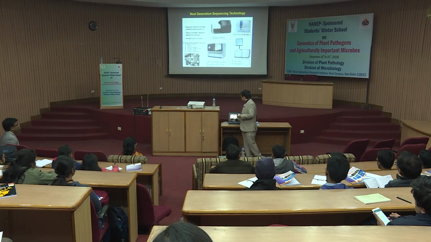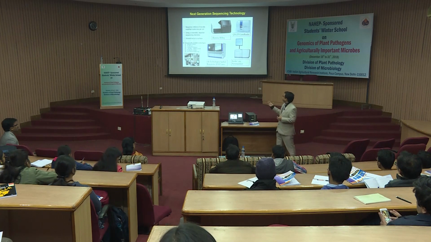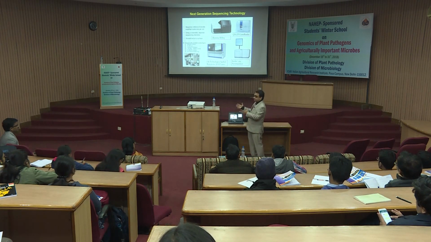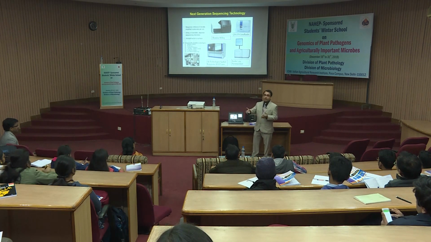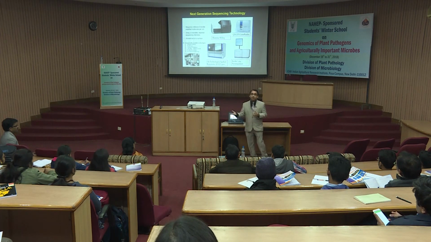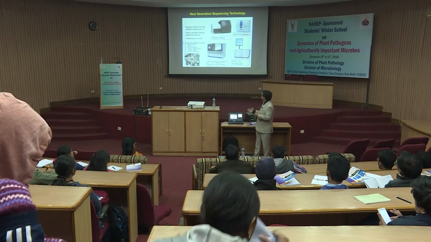And thanks to more technological advancement and engineering, sequencing became very much affordable. There are several different types of sequencing platforms available. You will hear from a couple of company persons, like Illumina sequencing, Qiagen sequencing, Life Technologies.